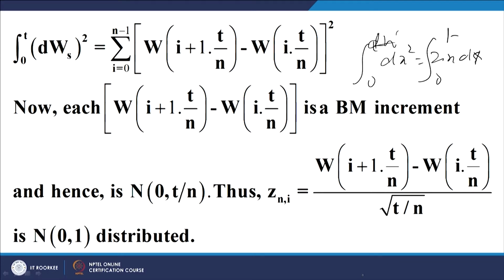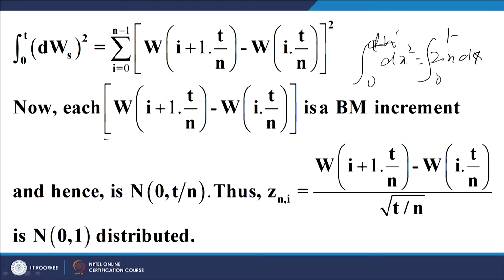Now, this is again writing it as the sum of a series. We have W at this point minus W at the previous point, squared. Let us take any arbitrary term of this.